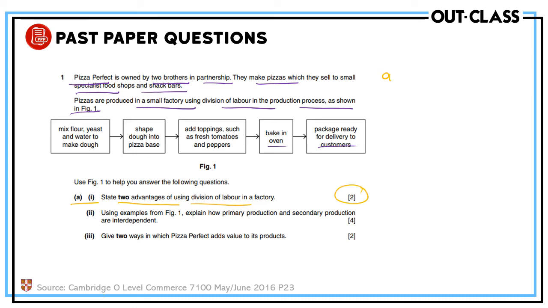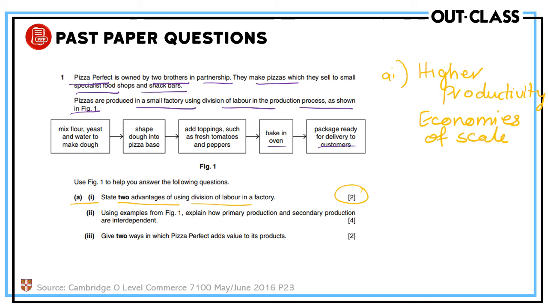So we can say that it would lead to higher productivity or less wastage, or you can write a better quality, or even economies of scale is a good point when talking about division of labor. Or you can write less time is wasted by workers from moving from job to job. So you can choose any of these.